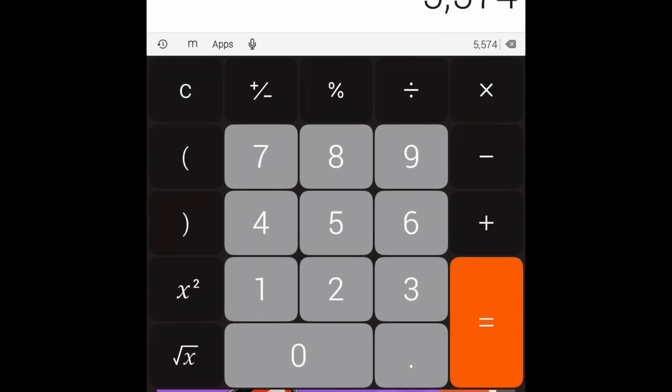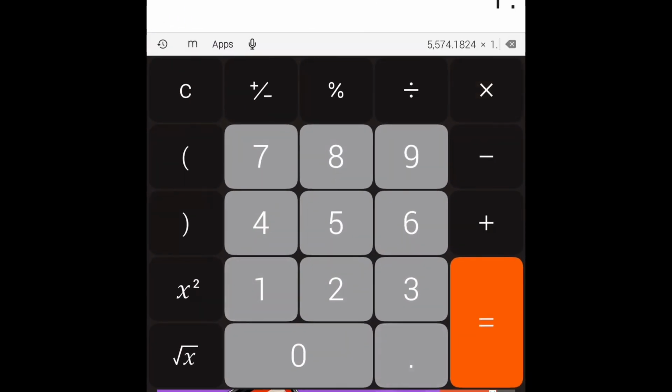So we've got 5574.1824 times 1.57. So again, I'm going to write that down. 8751.466368. At this point, we'll round it up because this is our answer now.